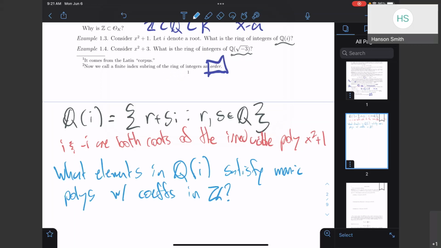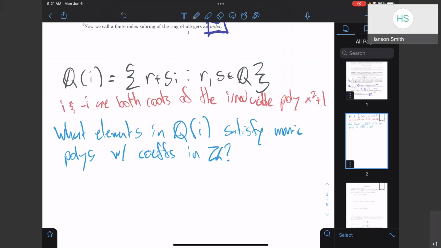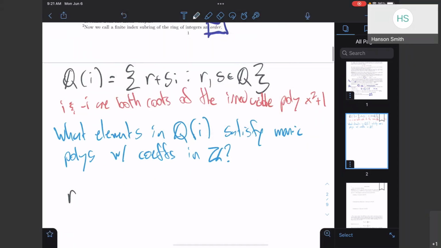That's what we need to solve. So I'm just going to take a generic element of my number field, r plus si, where r and s are just rational numbers. And I'm going to build a polynomial that it's a root of, and I'm going to just brute force try to figure out when those coefficients are going to be integers.